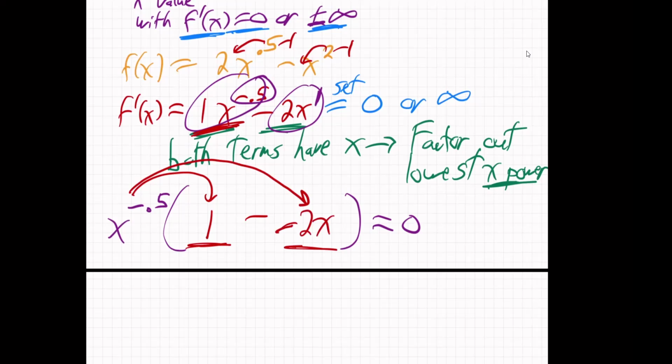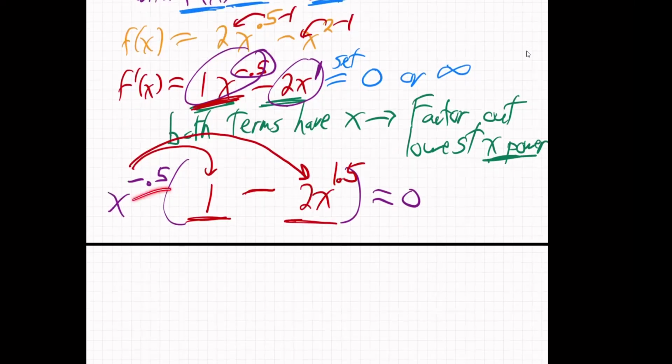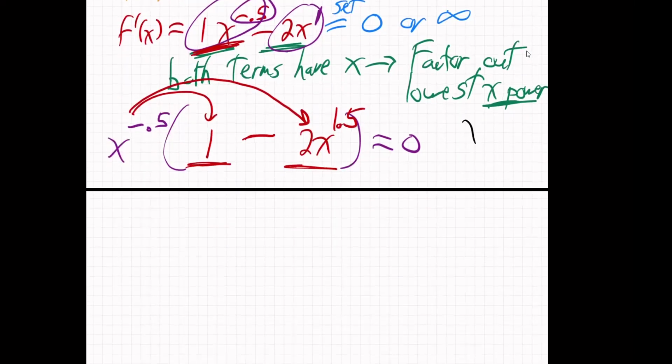Sorry, minus 2x to the 1.5 power. How do I know that? Well, because when this guy hits this guy, the powers add and it goes back to x to the 1. Let me make sense of that for you. Do you remember these rules from earlier math? x squared times x to the third. You add them, right?